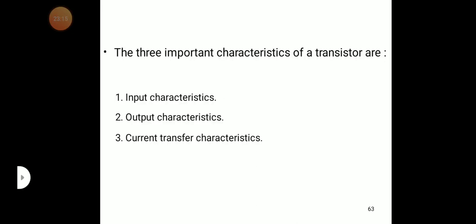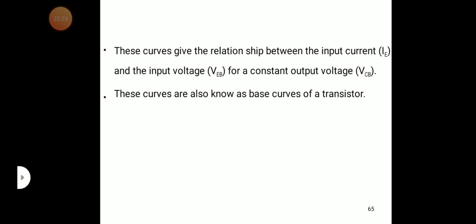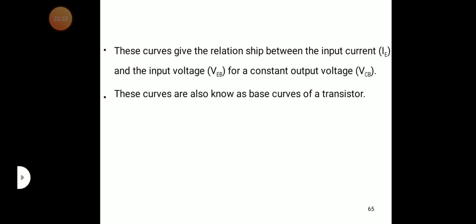Now let us discuss the input characteristics of a transistor in common base configuration. First of all, we need to know common base. Base is common. The input is emitter-base, the output is collector-base.